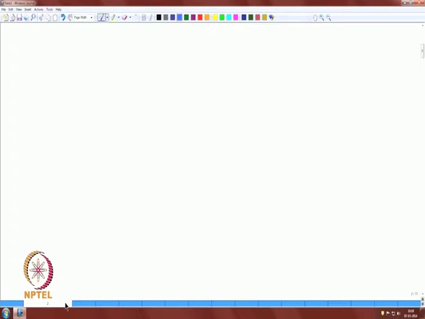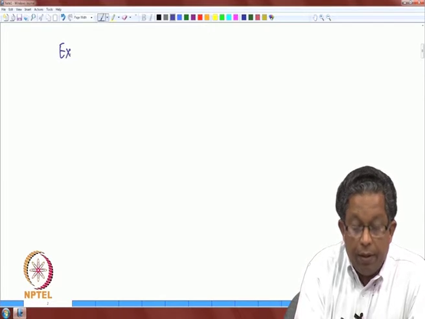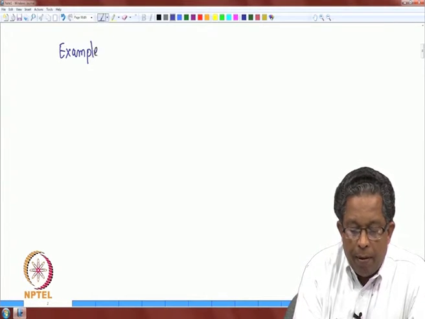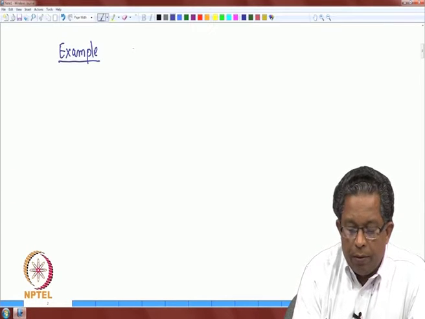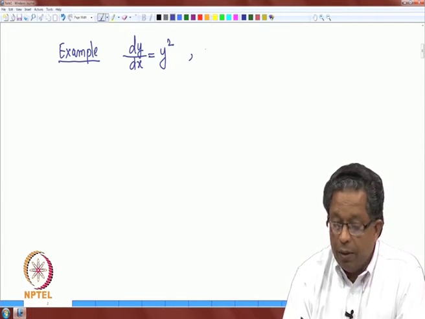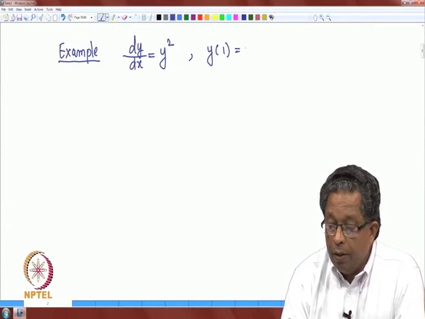So, to get a feel of it, let us consider an example, a well known example which we have already solved. Consider the differential equation dy by dx is y square, a nonlinear differential equation, and the initial condition given is y at 1 is minus 1.